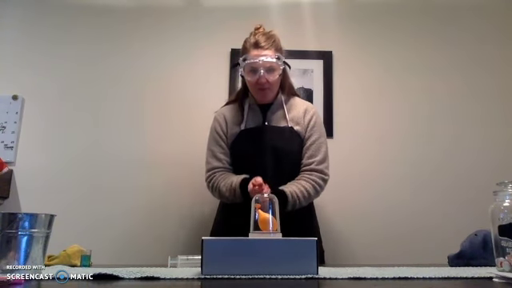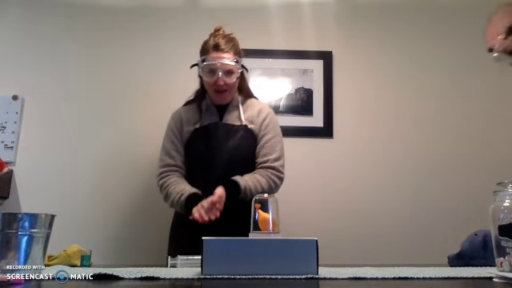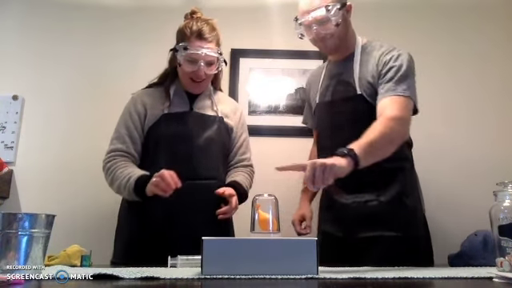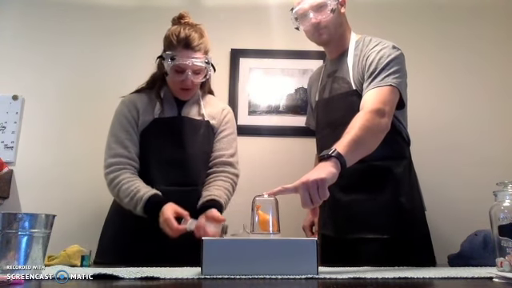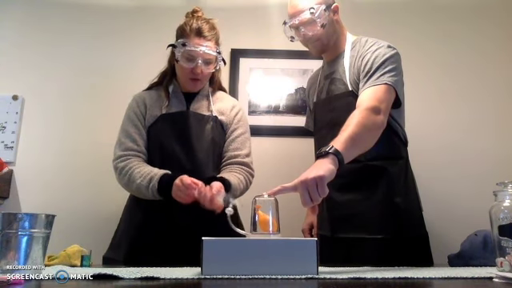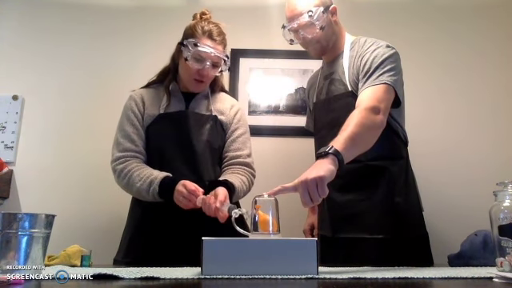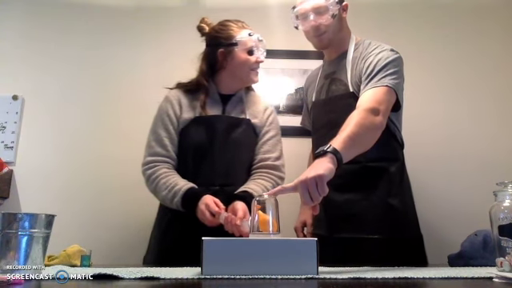Here we go. We're going to do the balloon first, and I have an assistant to help me. Hold on to that. You see the balloon size right now, and we're going to lower the pressure using this syringe. I'm going to pull back so the pressure gets lowered. What do we think is going to happen to the volume? The balloon will get bigger.